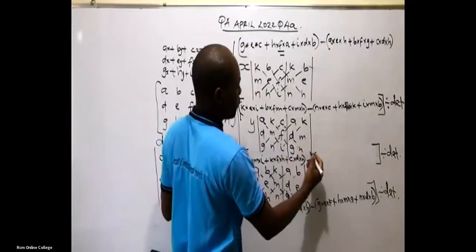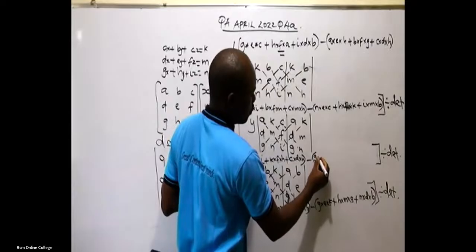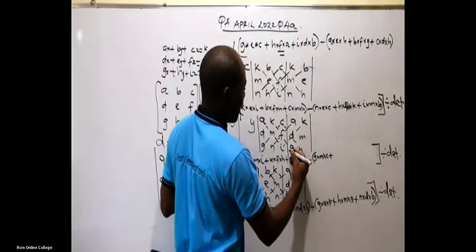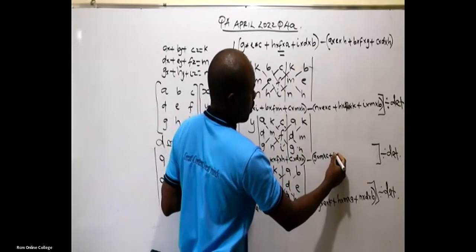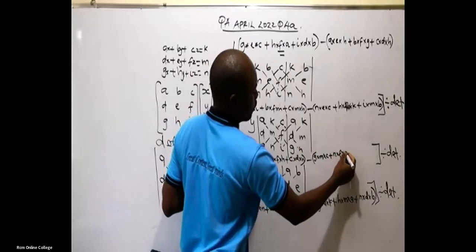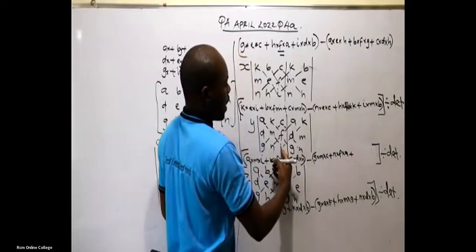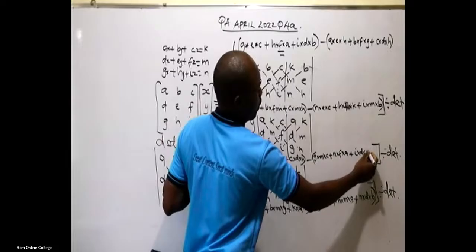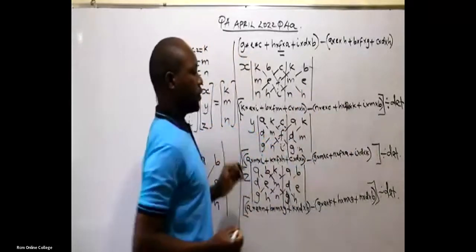Then multiplied by GMC. So that is G times M times C plus NFA, N times F times A plus IDK. So I times D times K. Thank you for that. Good.